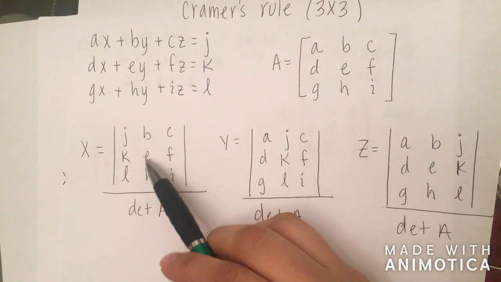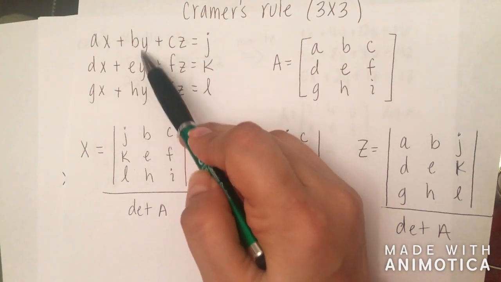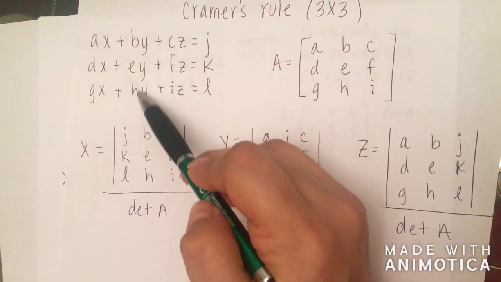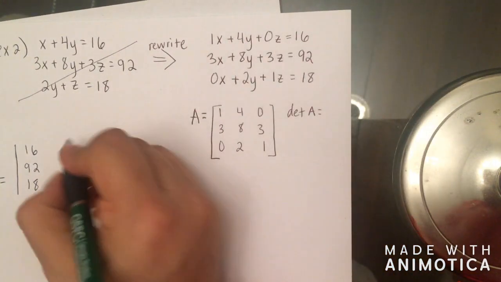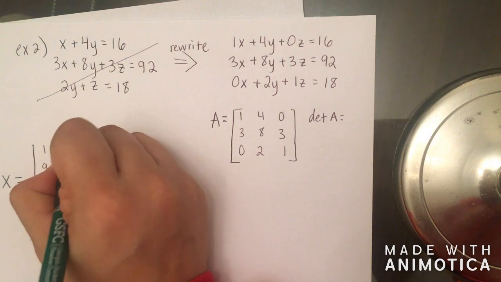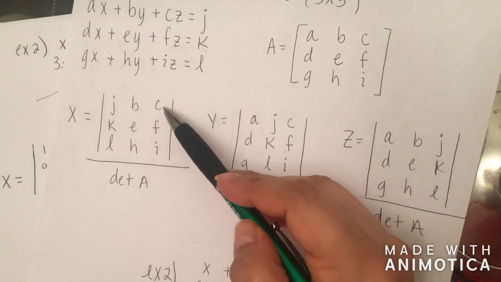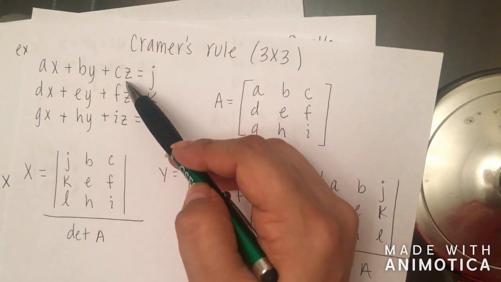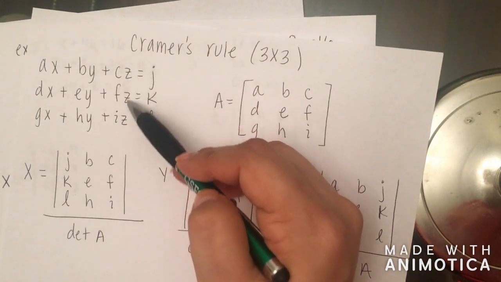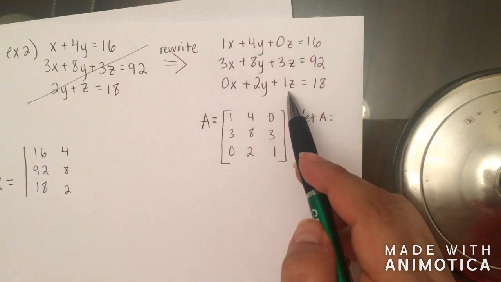And then it's BEH, which comes from the coefficients in front of the y's. So that is 4, 8, and 2. And then the last one is CFI. CFI are the coefficients for the z. So that would be 0, 3, and 1.